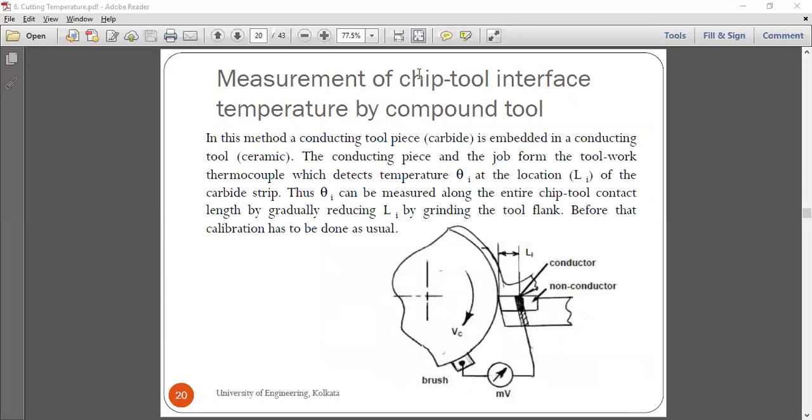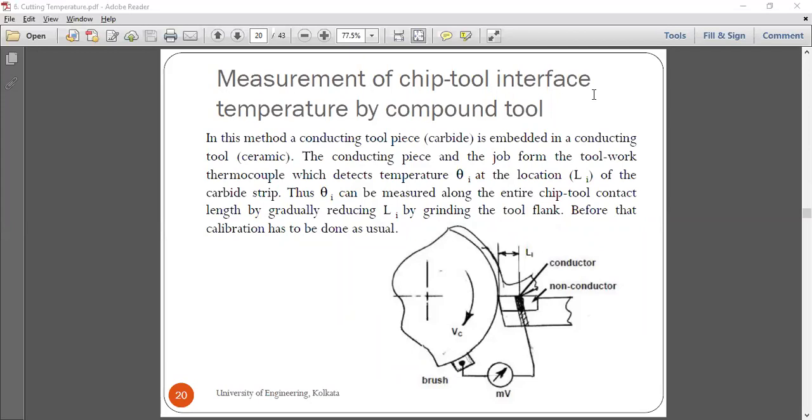Next is measurement of chip tool interface temperature by a compound tool. In this method, a small piece of conducting tool material, carbide, is embedded in the non-conducting tool of ceramic.